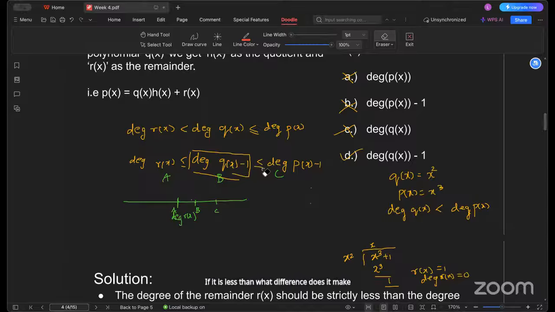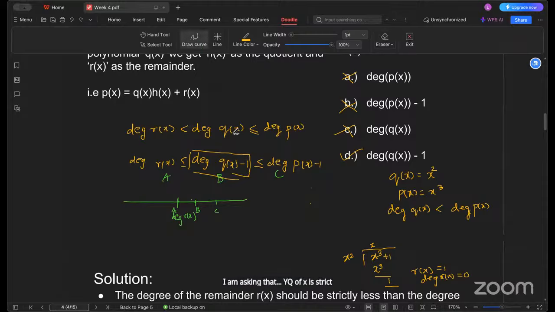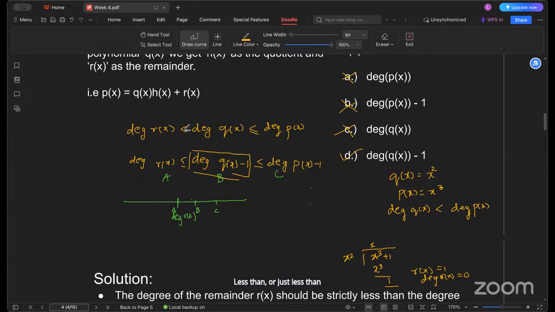Here this less than became less than or equal to. How did it become that? Is that what you are asking? Yeah, and why are you writing it again the second time?